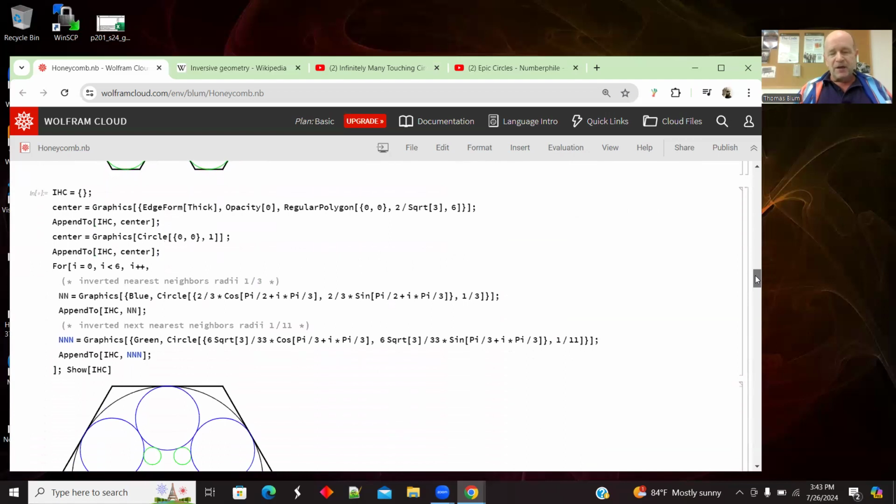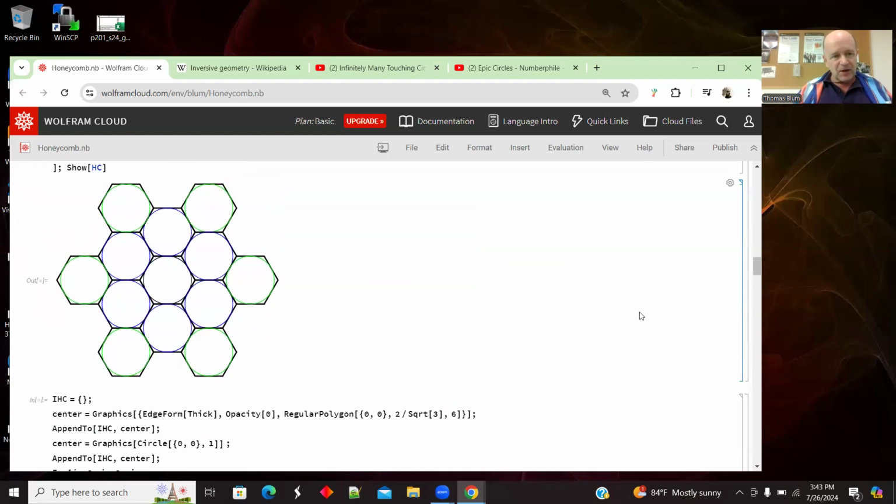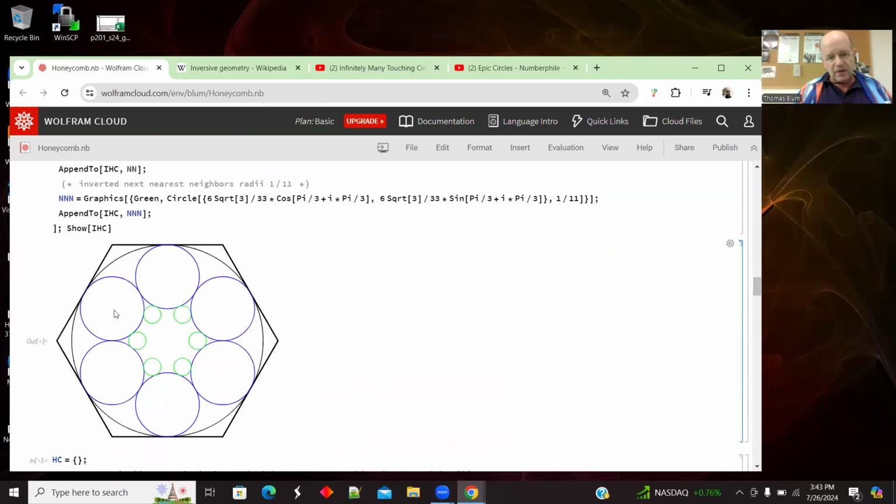And now I am inverting those. So they don't touch the circle of inversion, but they touch the previous circles when they are inverted. So that's down here. They were farther away.